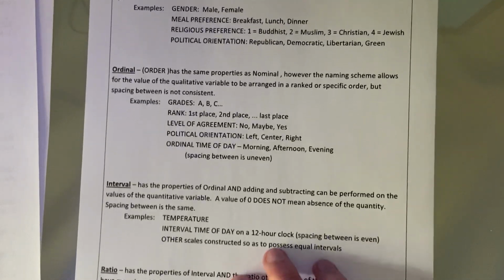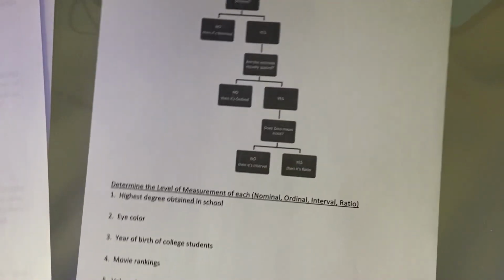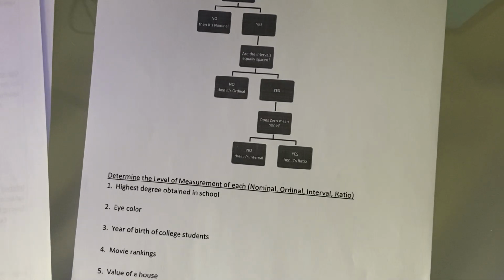And then ratio has all the properties of interval, but the difference between interval and ratio is for interval, a value of 0 can represent anything. For ratio, a value of 0 means nothing. So the questions you ask yourself to differentiate between them are, can it be ordered? Are they evenly spaced? And does 0 mean nothing?